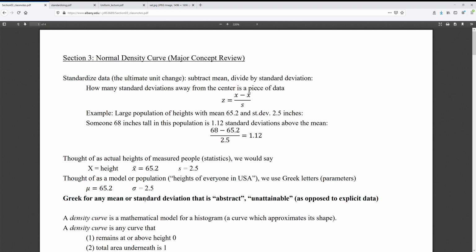I think you can see going forward into the rest of the course that there's a very big difference between the average height of everybody that you look at and the average height of everybody you would like to look at. So it's important to have different notations for those. We'll talk more about that in section 7. Just bear in mind that any mean or standard deviation that is at all abstract, unattainable, in any case not explicitly computed from a set of numbers you have in front of you, we use the mu and the sigma.